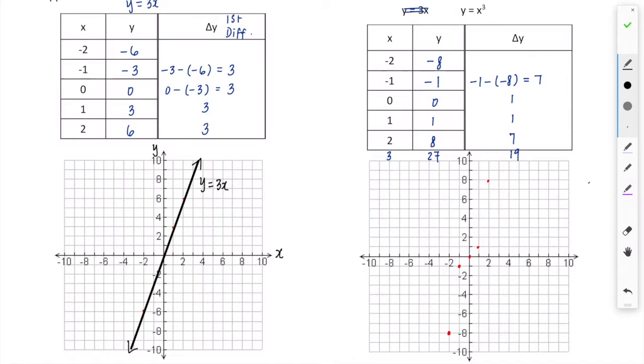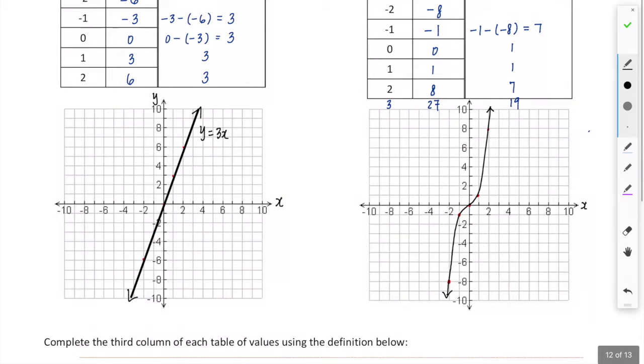I cannot join them using a straight line, so we don't want broken lines. We want to join these using a smooth curve. So notice I said smooth curve. Okay, so here's your x-axis, here's your y-axis, and then let's label the graph as y equals x cubed. Okay.